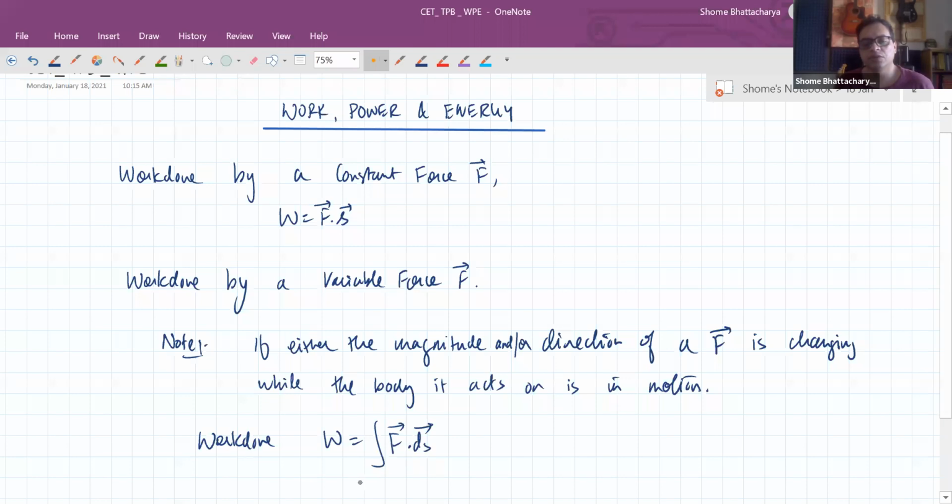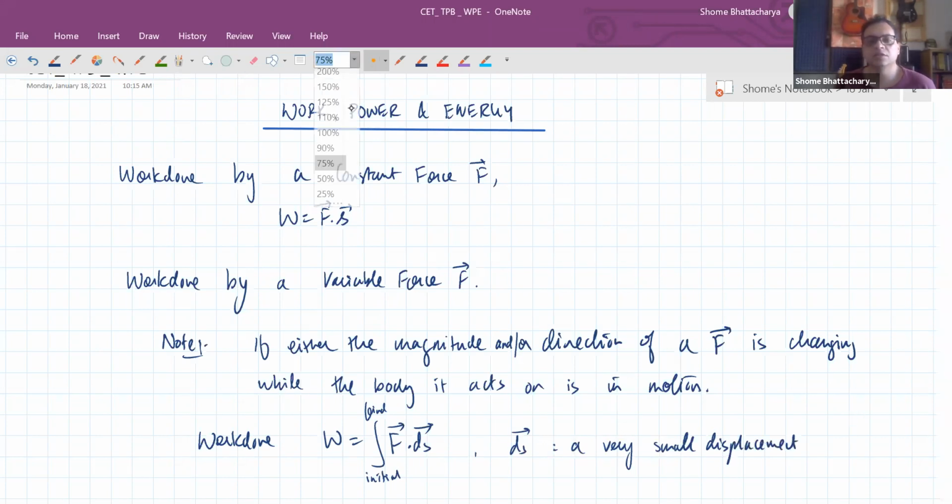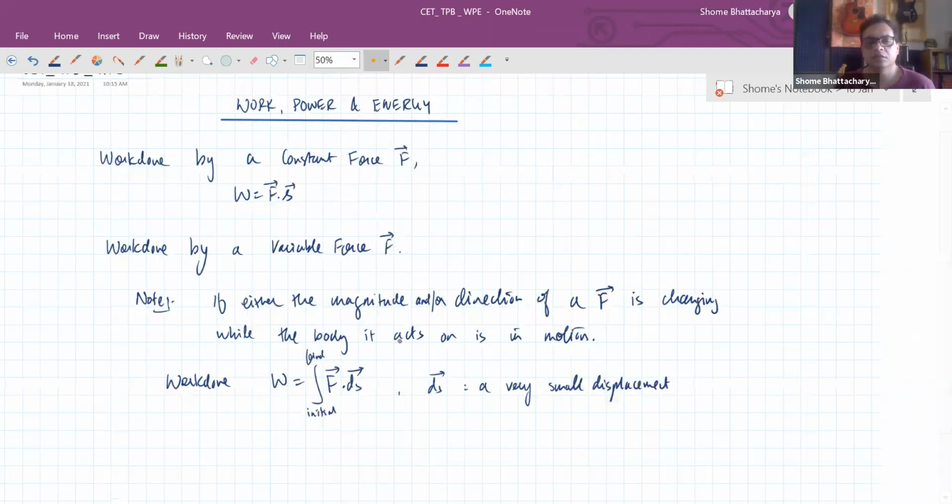Integration of F dot ds from initial to final position, where ds is a very small displacement, or you can think of that like a displacement during a very small time dt.